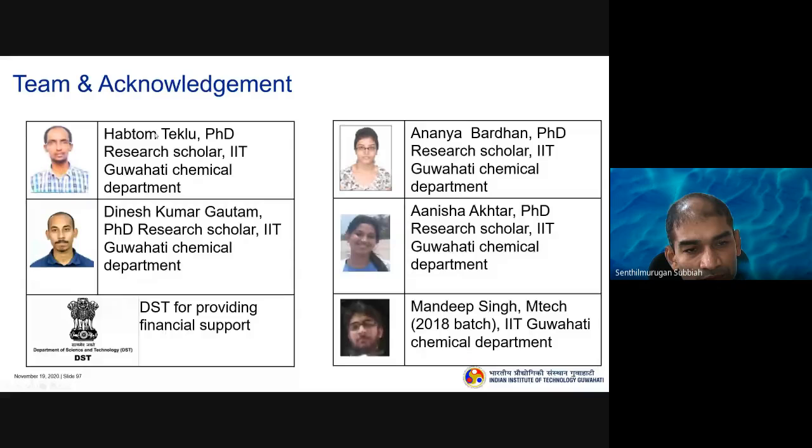Haptam is my PhD student, and Dinesh is also my PhD student. They both worked on design and optimization of FO. Ananya is working on tea concentration, and Anisha and Mantip were working on sugarcane juice concentration using FO. Mandev is with Cadila now. You can get their email IDs and other details on the website and in the manuscripts, and you can get my Google Scholar. You can refer to all the manuscripts relevant to this topic.